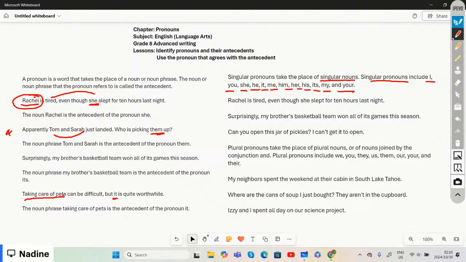And remember, these singular pronouns take the place of a singular noun. If we look at an example, it says, Rachel is tired, even though she slept for 10 hours last night.